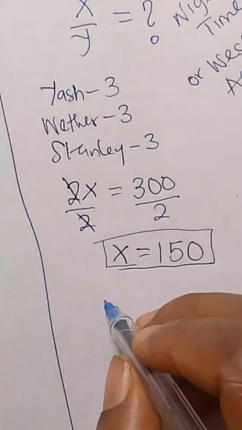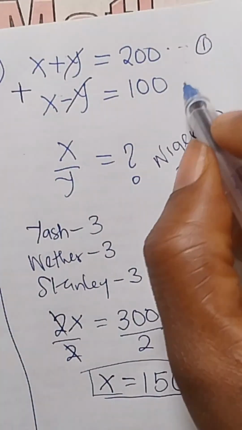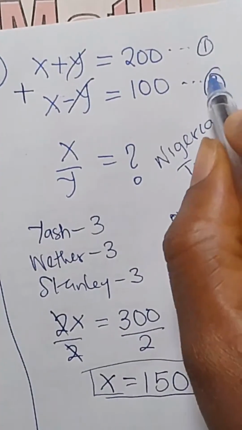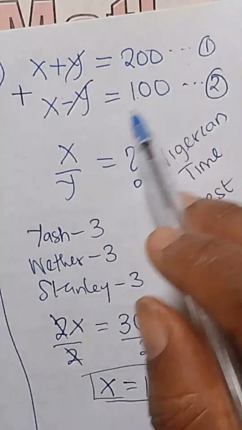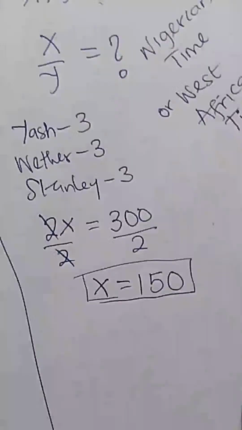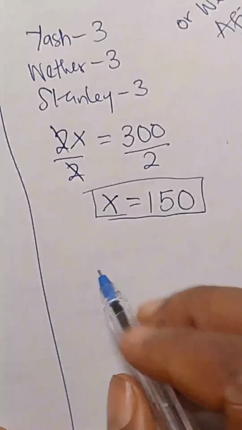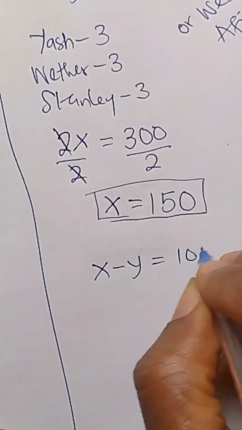Now to solve for y, we'll pick one of these equations. This is equation 1, this is equation 2. We've solved for x. Now we'll pick one of these equations and substitute. Whether you use this one or that one, you still arrive at the same answer. So pick the second one: x minus y equals 100.